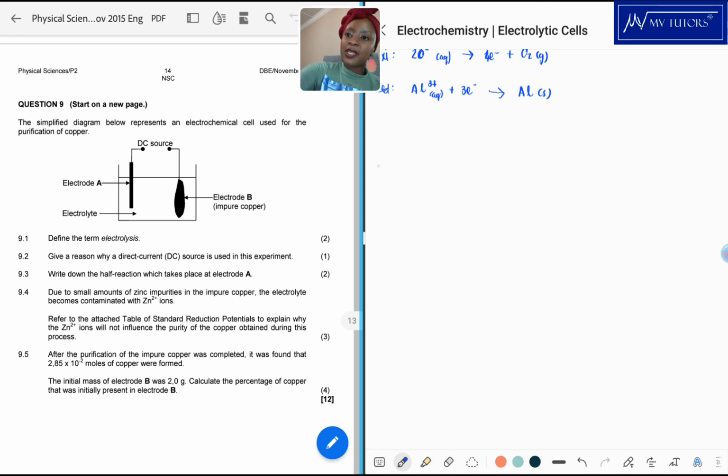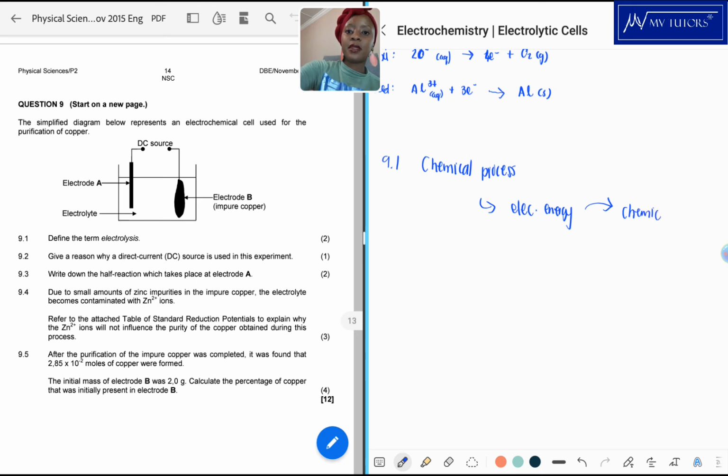Okay, so we said that electrolysis is a chemical process, number one, where electrical energy is converted, or electrical energy produces chemical energy. So that's that for 2 marks.